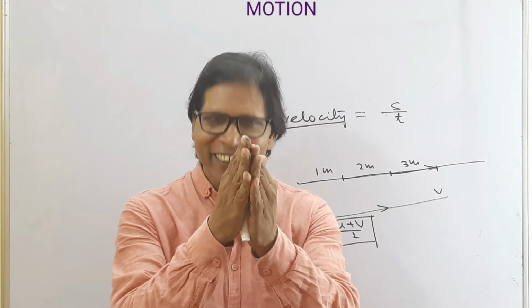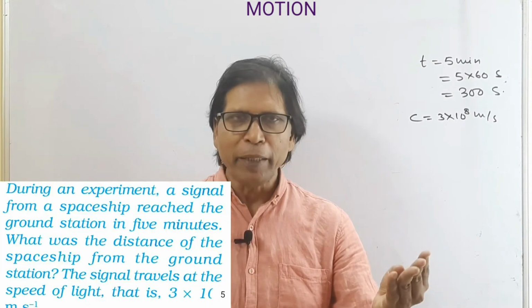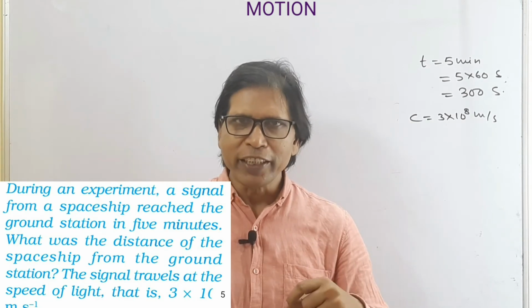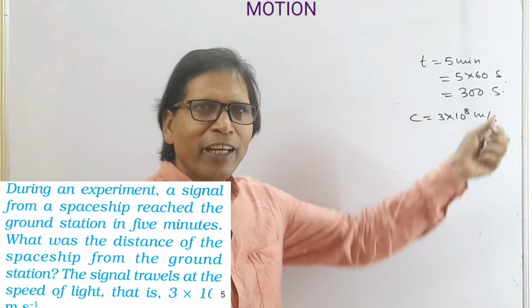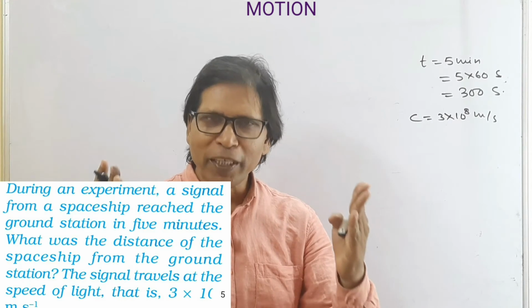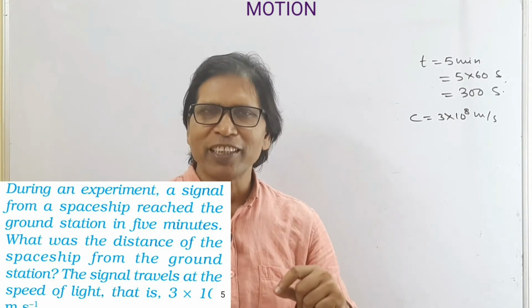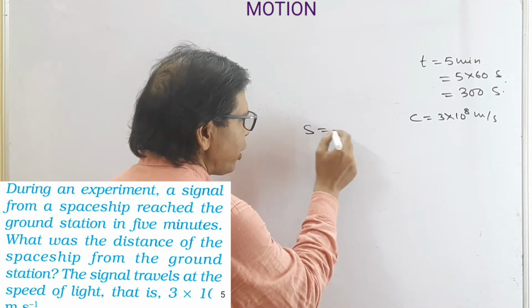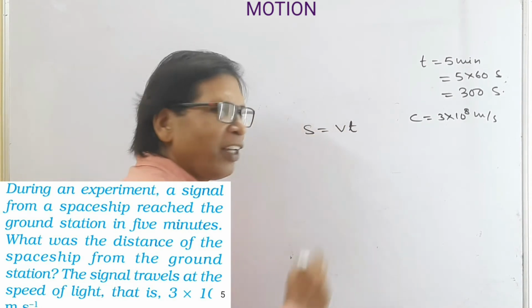Okay, during an experiment, a signal from a spaceship reached the ground station in 5 minutes. Find the distance of the spaceship from the ground station. Now look at this. We know distance s equals speed into time.